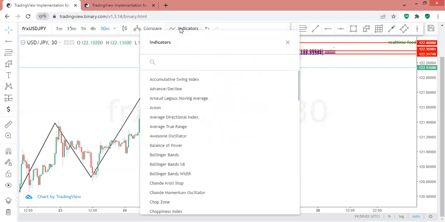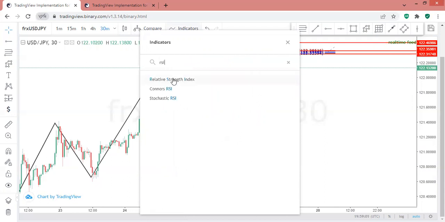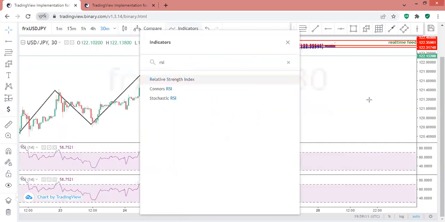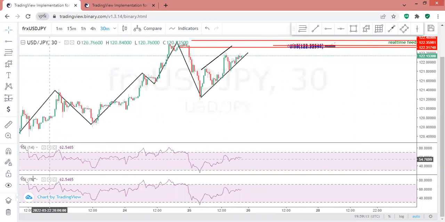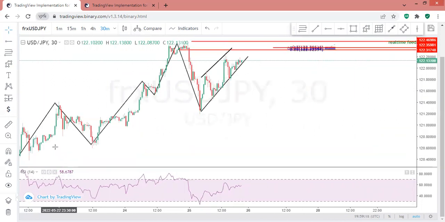Now, let me bring out my RSI. I like to use RSI. Let me bring it out and see, maybe it's even giving divergence already. So now, you see what I'm saying here? There's a high probability that price is going to respect this zone.